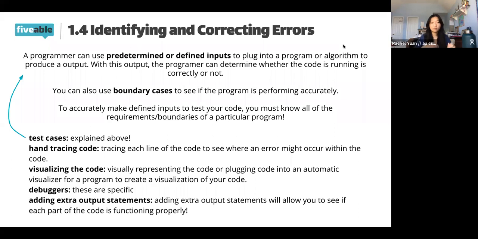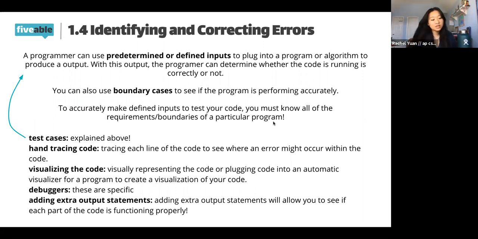Like, on line 10, what is wrong with it, or things like that. Definitely there will be no visualizer for you to use for that, and there definitely won't be time to make a visualization of the code yourself. So definitely hand tracing code and maybe putting in a few test cases would be pretty helpful on the test.